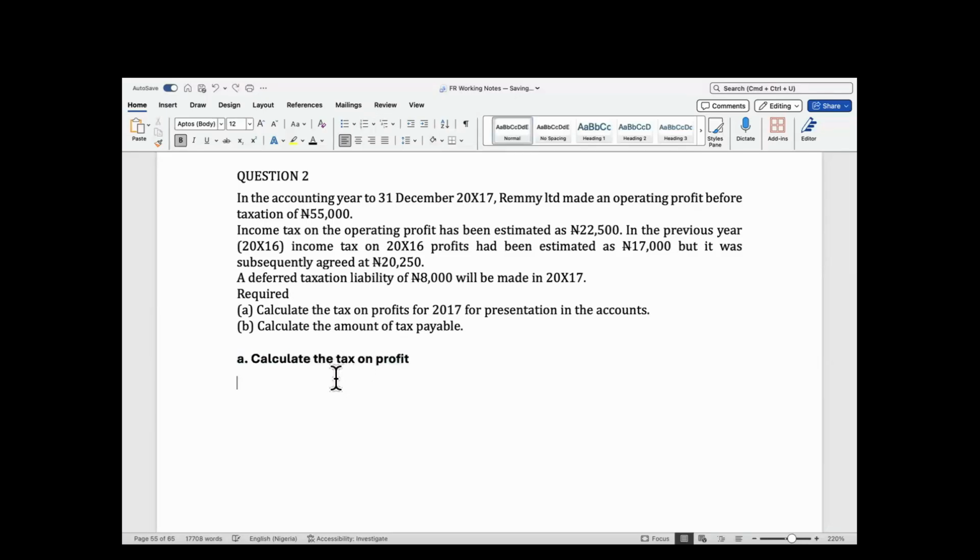So in this case, my estimate of current tax for 2017 was how much? Was 22,500 as given, right?